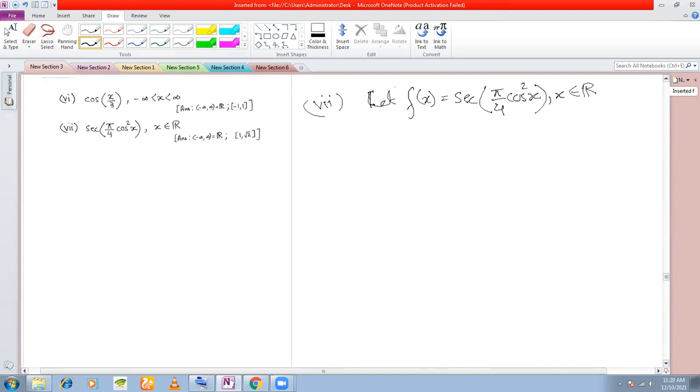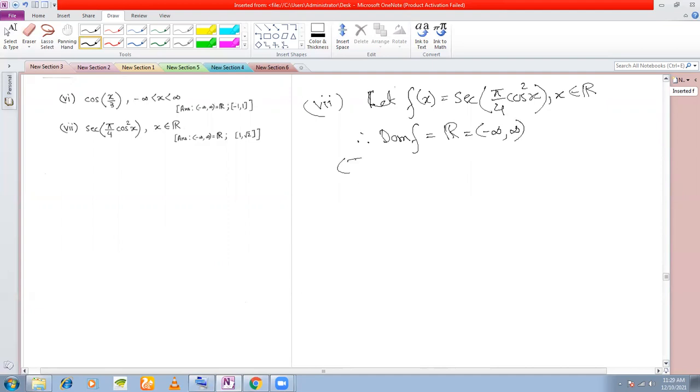Is there any restriction on the value of x? No, you can take any real number for which you will definitely get some value of sec of that, right? So therefore, the domain of f is equal to the set of real numbers.